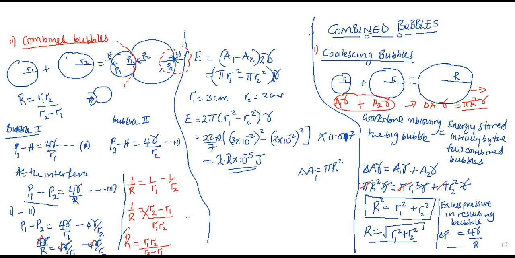And this is our expression for the radius of curvature of the common interface, whereby we have two bubbles that have just been combined. They have not coalesced to form one, but they're just attached to each other, one pushing in the other. So the radius of curvature of the common interface can always be deduced from that equation.